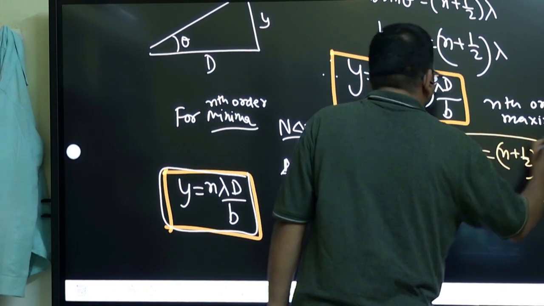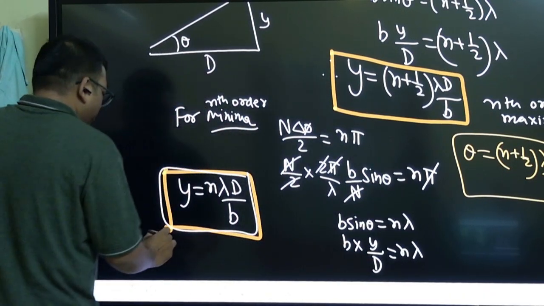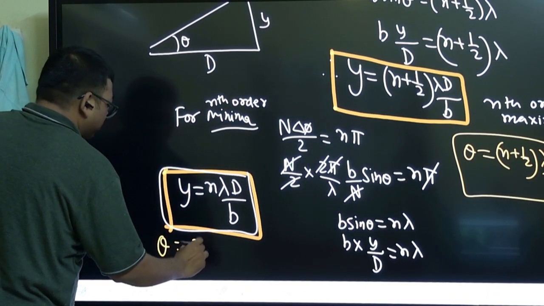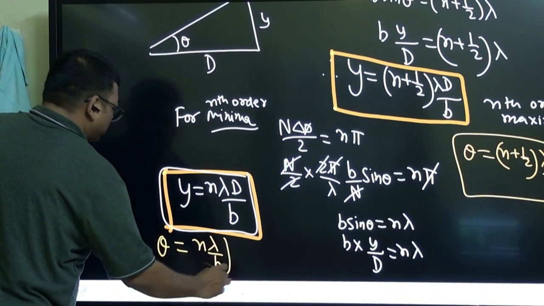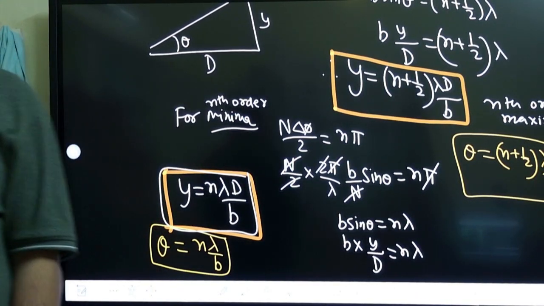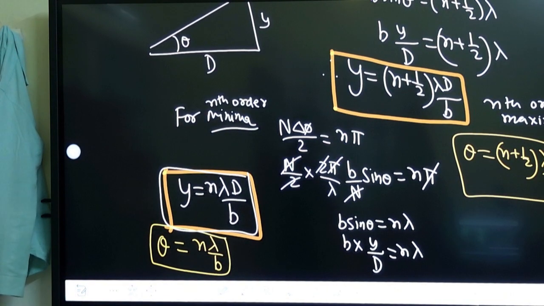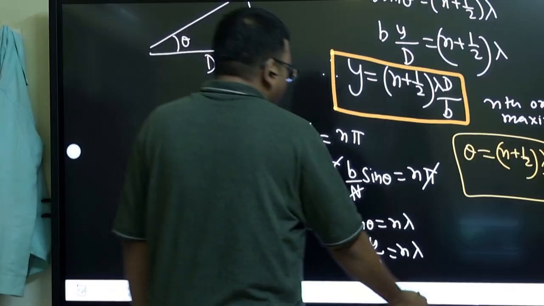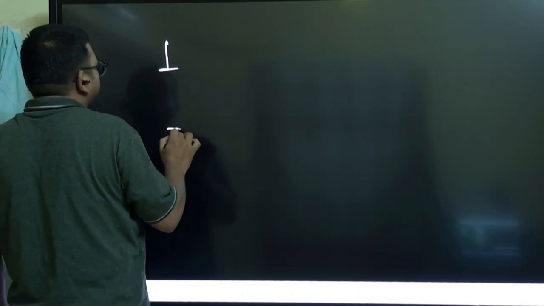Half angle. Here also for minima, theta is y by D, so n lambda by b. So we can calculate half width, full width, and distance also. Now a very important thing to note in the single slit experiment is the radius of a spot.